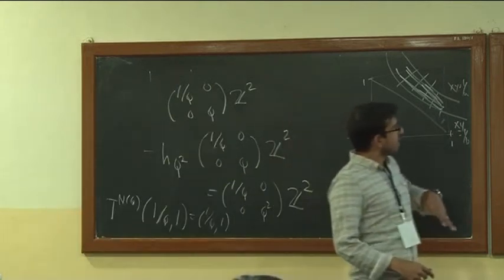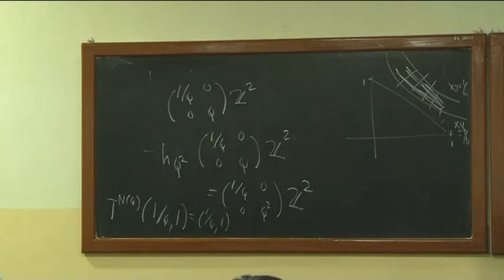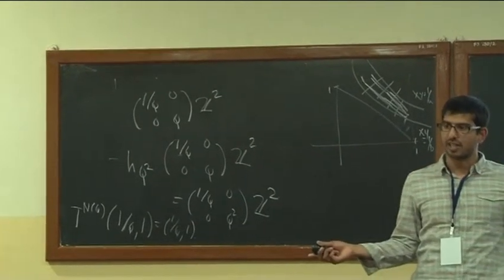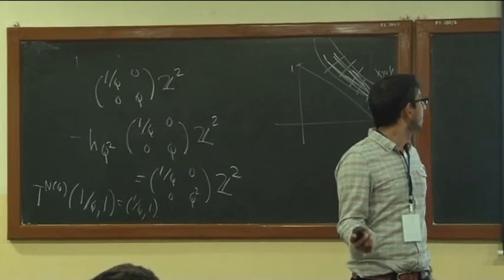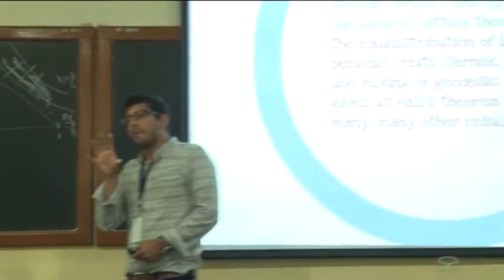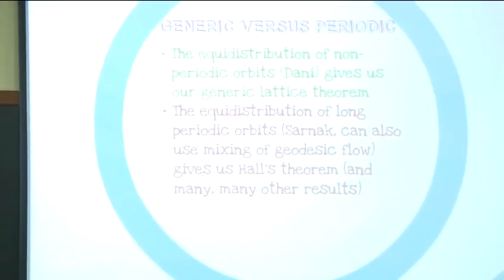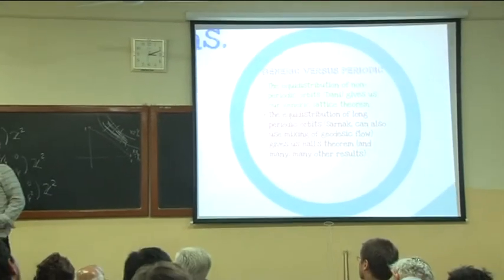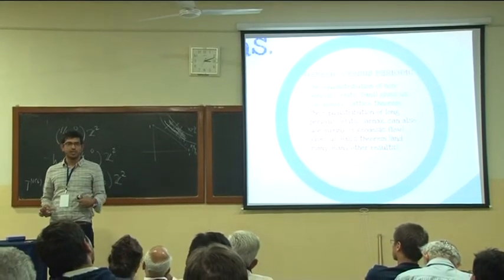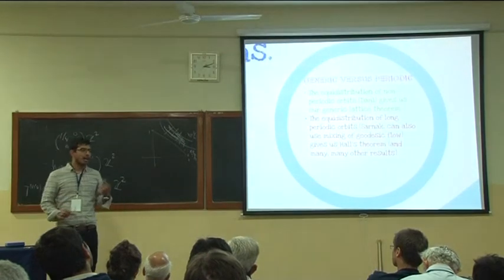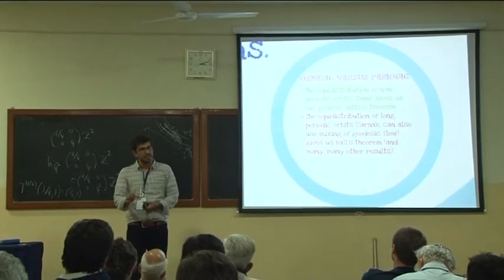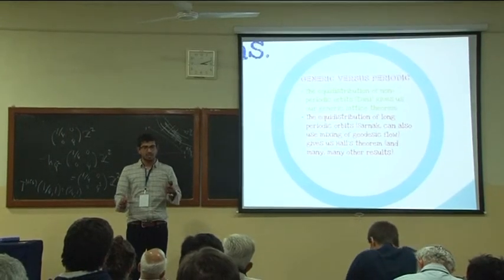And so now you use the equidistribution of long periodic orbits, which Sarnak gave a proof of, but you can also give a proof of using mixing of the geodesic flow, for instance. It gives us Hall's theorem, and in fact, many, many other results. So Boca and Zaharescu and Augustin and Cobeli and a few other co-authors had a cottage industry of proving various theorems about statistics of these Farey fractions, moments, various other indices, and so on.